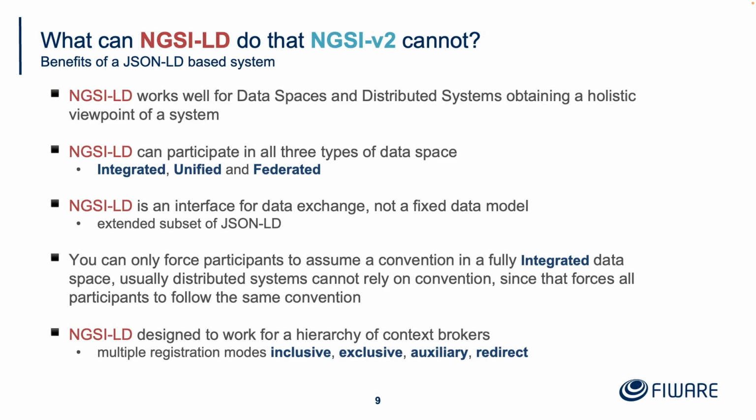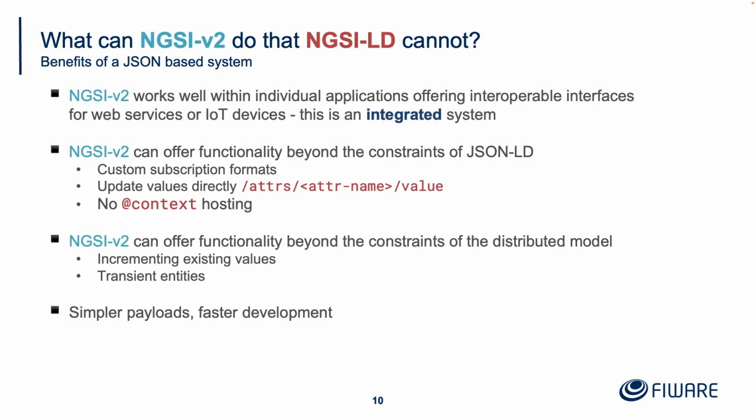Now this contrasts with NGSI-v2, and NGSI-v2 has other advantages because it's not trying to do the highly distributed case. So, for example, it is possible in NGSI-v2 to do an update of a value directly, or increment a value, because what that's saying is I have a device, I will add 1 to that device.